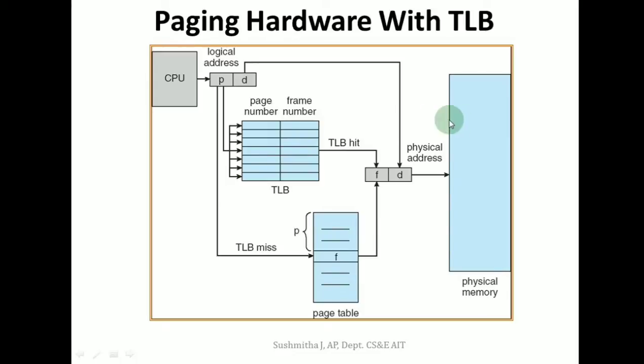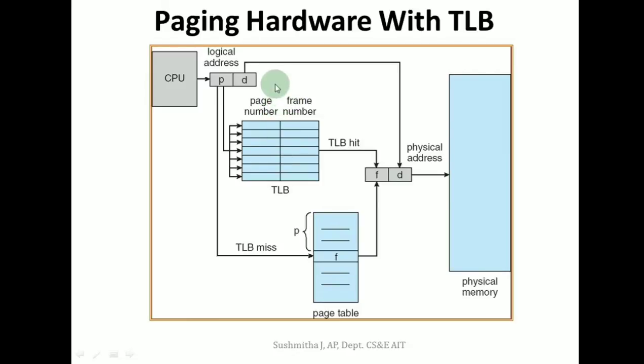Now, talking a little more about your TLB hit. The percentage of times a particular page number is found in the TLB we call the hit ratio, and we should make sure that the hit ratio is always higher than the miss ratio. To increase the hit ratio, we try to accommodate as many page numbers as possible in the TLB.